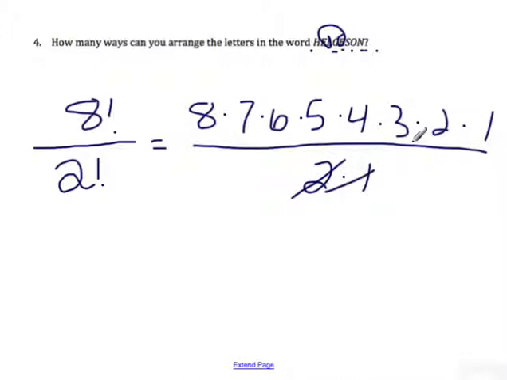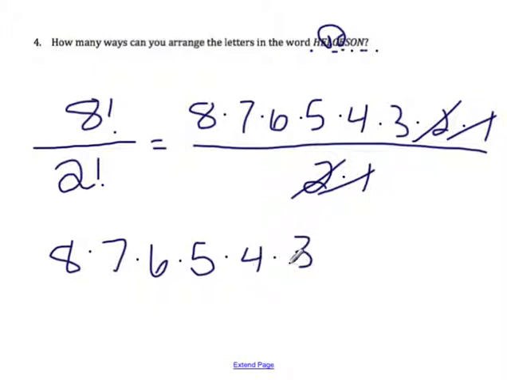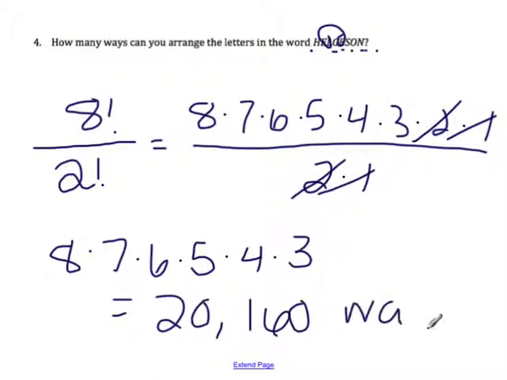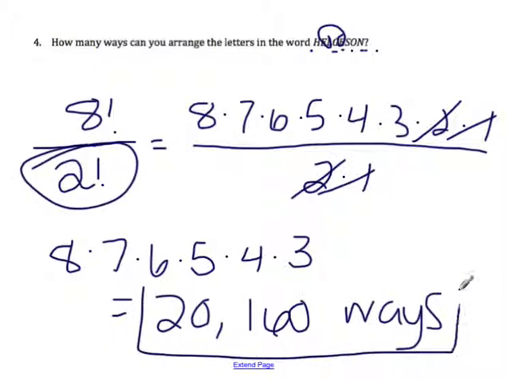Then left over we have 8 times 7 times 6 times 5 times 4 times 3. When you multiply all of those together, you end up getting 20,160 different ways that you can arrange that last name. Remember we had to divide by this 2 factorial because of those E's being repeated. So if you have any repeated letter, you take the number of times it's repeated and divide by that factorial.